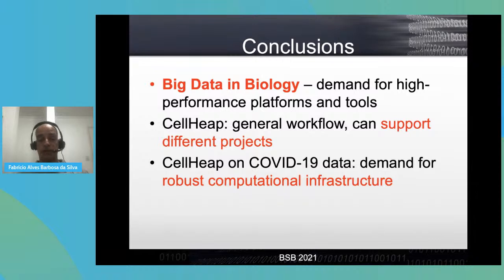That's very clear. For COVID-19, it's mandatory. Maybe for other diseases, you can deploy CellHeap on a big server, but for COVID-19, for answering those interesting questions, we do need a lot of resources.